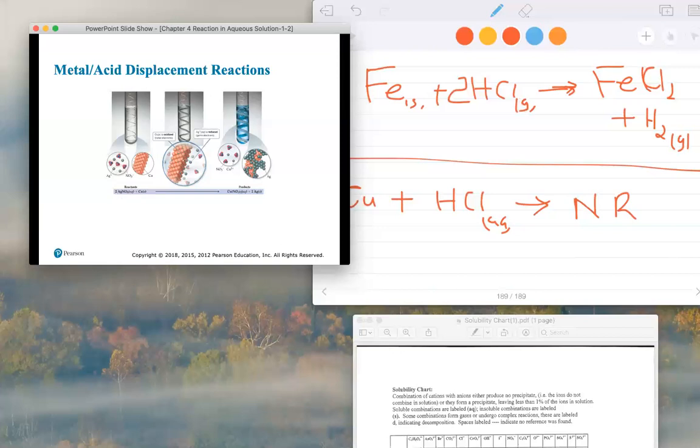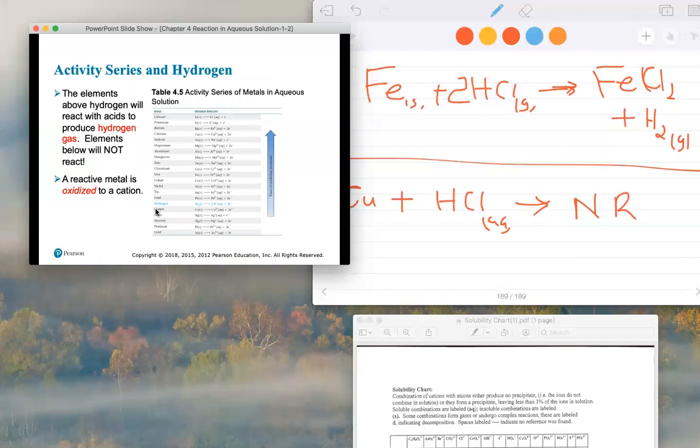If silver is above copper, then it won't. And of course, this one I don't want you to memorize. Let's go back. Here is copper, and silver is below. So that means copper is more active than silver. Copper is more active than what? Than silver. So it's going to replace, it's more powerful.